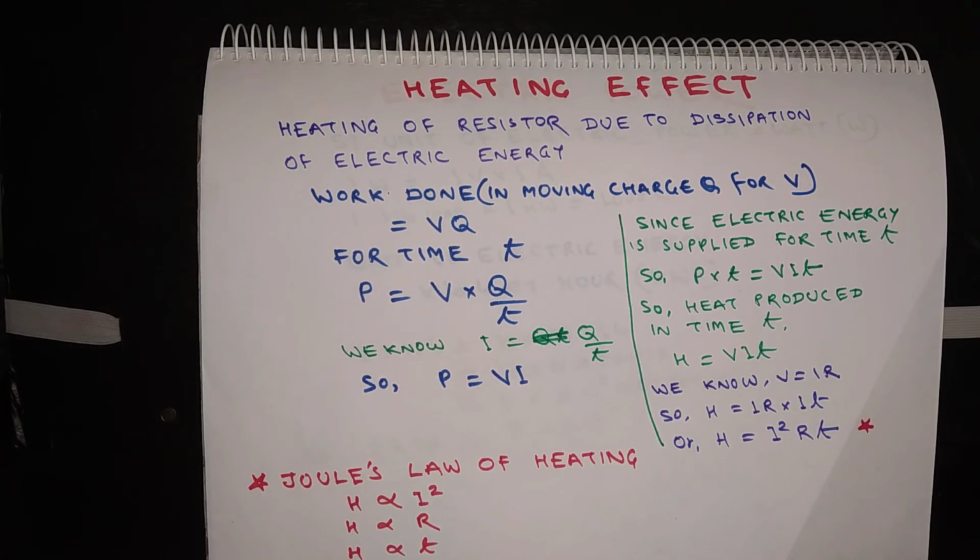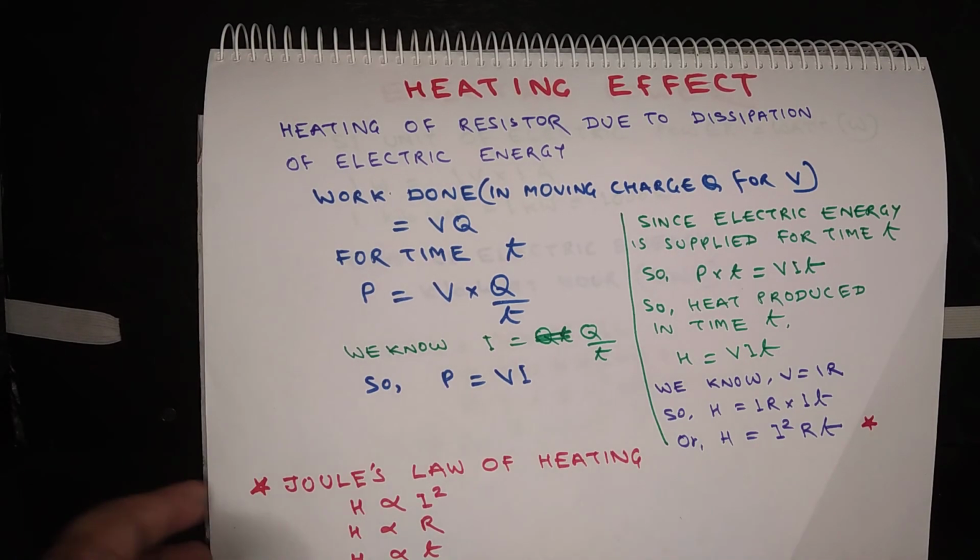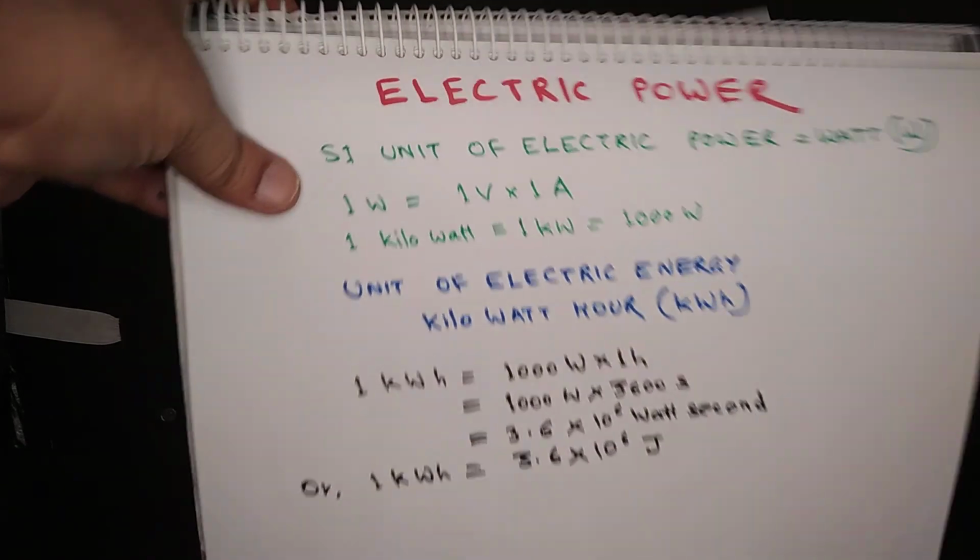And if electric current is passed for more time, then more heat will be evolved. Based on this concept, Joule's law of heating, all the heating devices work. So, for example, electric iron, geyser, water heater, these things work on heating effect of electric current.